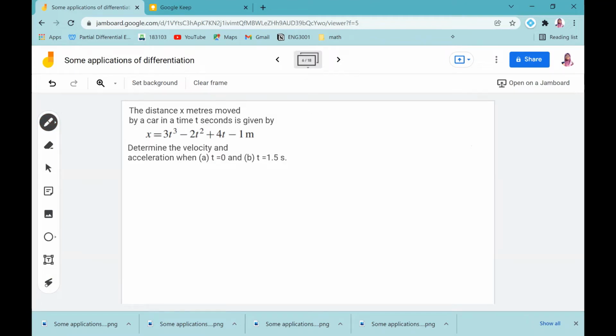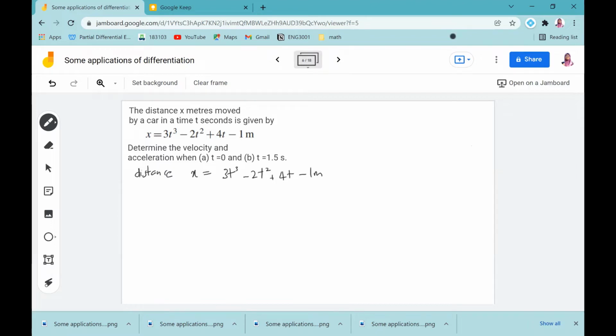So what we do is write again the distance, x equal to 3t cubed minus 2t squared plus 4t minus 1 meter.